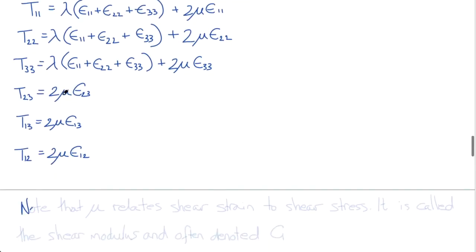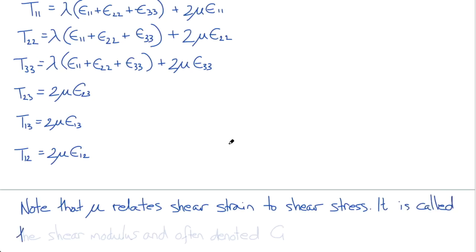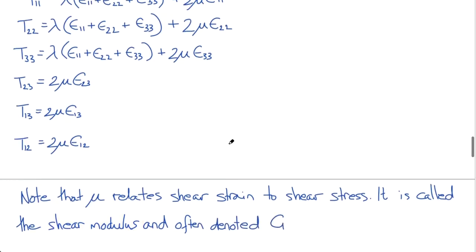So you can see here that the modulus mu directly relates the shear stress to the shear strain. It's known as the shear modulus and often denoted by G, which is another technical constant.